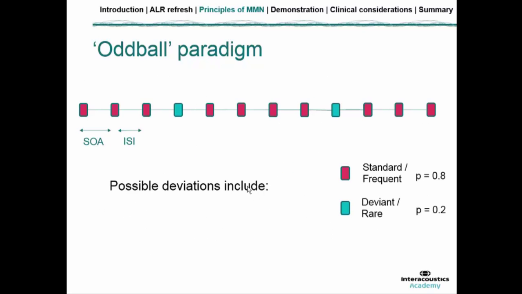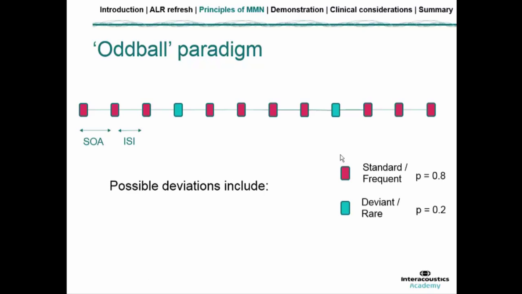This slide shows what's known as an oddball stimulus paradigm. An oddball paradigm is characterized by a train of identical stimuli known as standards. In this schematic I'm showing standards in red, and as you can see from the legend in the bottom right corner, these standards occur with a probability of 80%.